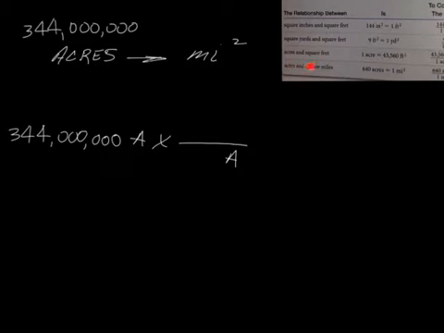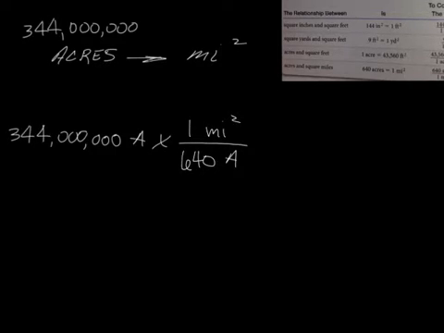Well, right here it says acres in square miles. And that's what I've got, acres and square miles. So it says there's 640 acres to 1 square mile. So I'm going to write 640 on the bottom and 1 square mile on top.